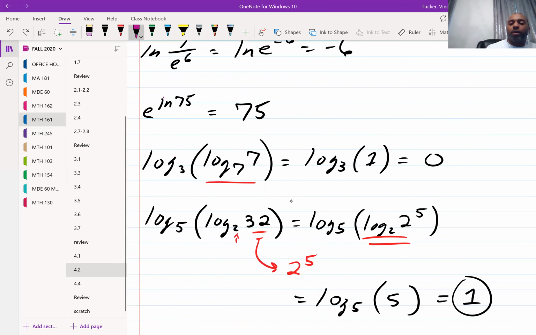So I rewrite that 32 as 2 to the 5th power. So that log base 2 of 2 to the 5th power will simplify to 5. Then the log base 5 of 5 is equal to 1.